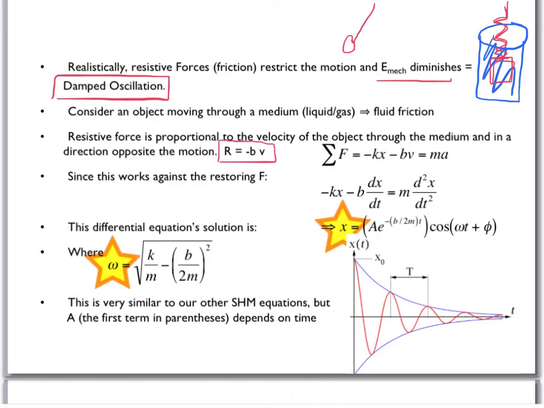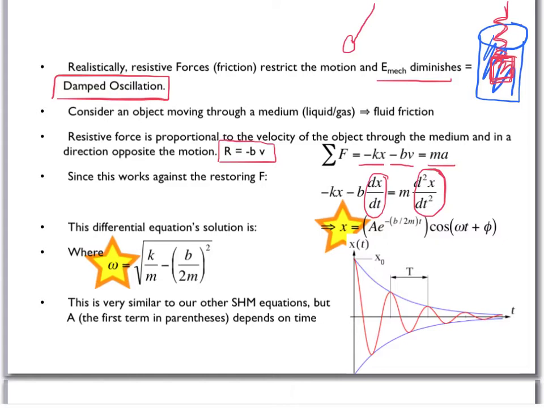So if we sum up all of the forces acting on this block, we have the restoring force of negative kx from the spring, and also this negative bv, which we set equal to ma. Using calculus, we can rewrite the v as dx/dt, and the a as the second derivative of position with respect to time.